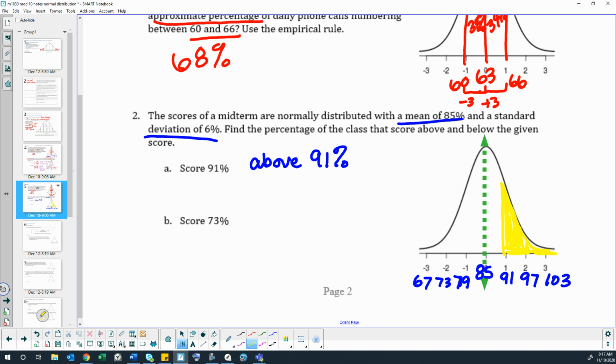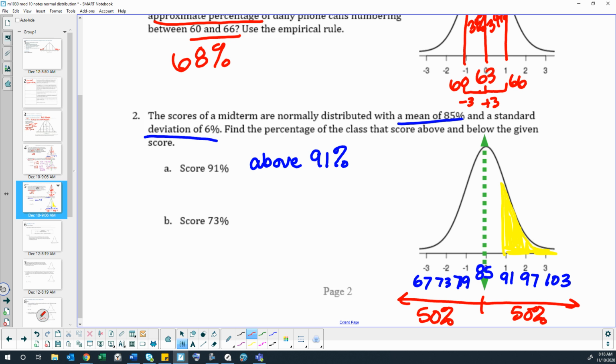Well, here's some things to remember. Half of our bell curve, so half of our data, is on the right side of the mean, and half of our data is on the left side. So that means that 50% of our data is this direction, and another 50% is this direction, right?